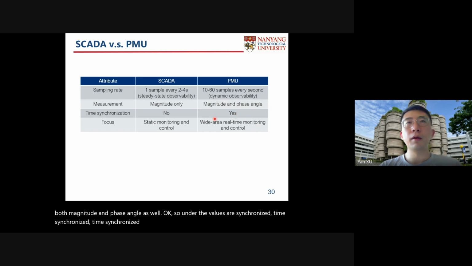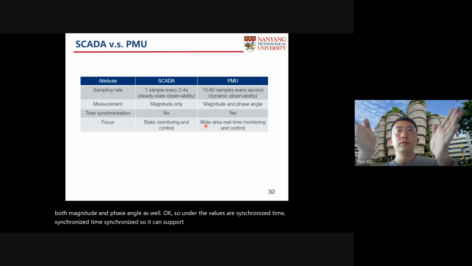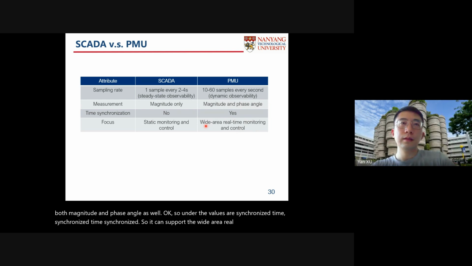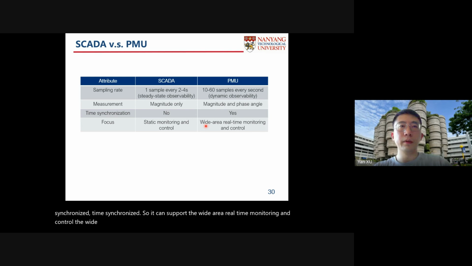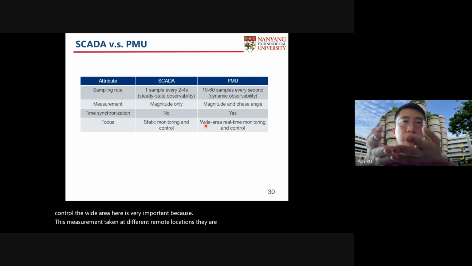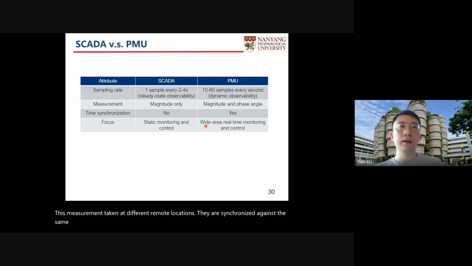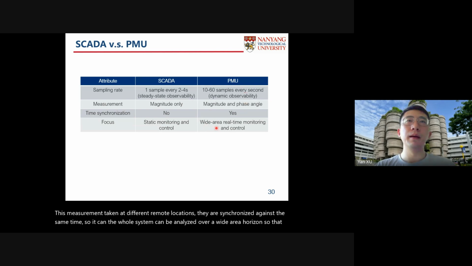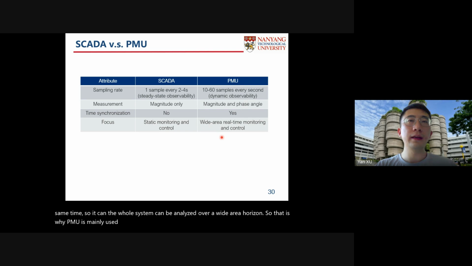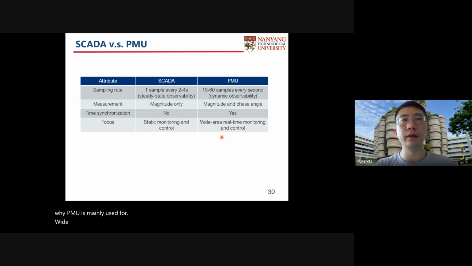So it can support wide area real-time monitoring and control. The wide area here is very important, because the measurements taken at different remote locations are synchronized against the same time. So the whole system can be analyzed over a wide area horizon. That is why PMU is mainly used for wide area real-time monitoring and control.